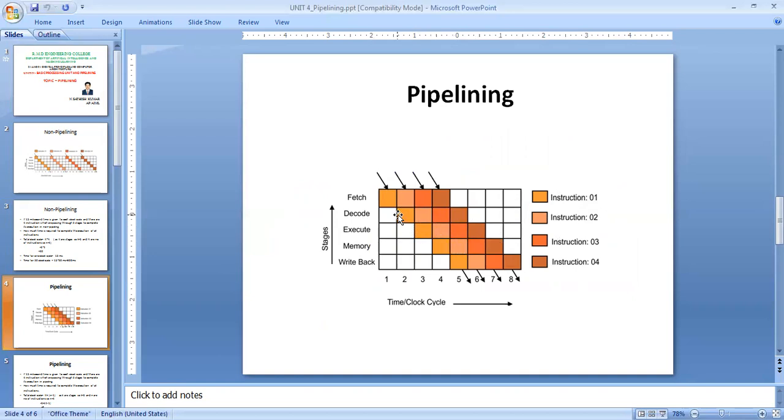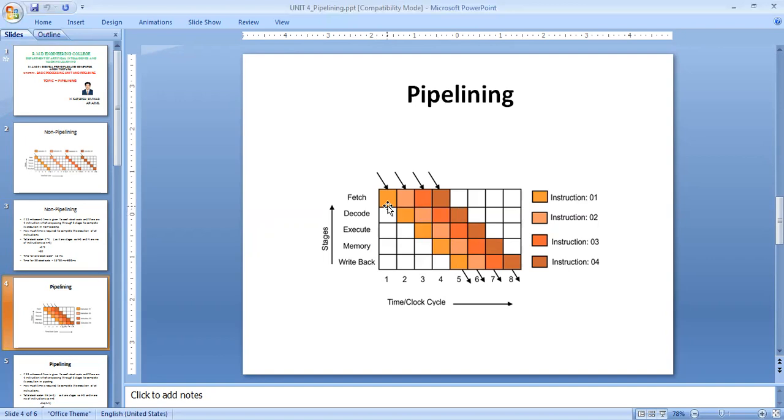In this diagram, each colored box is very close to each other. This is instruction 1. In this instruction, we perform fetch, decode, execute, memory, and finally write back.